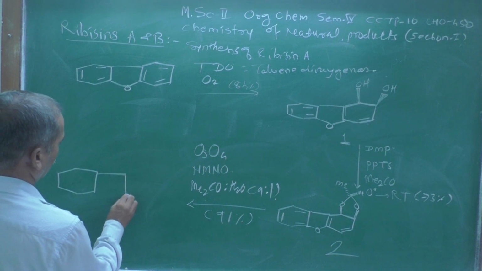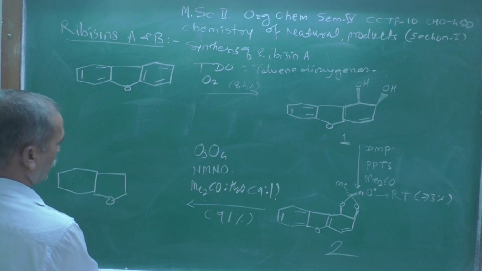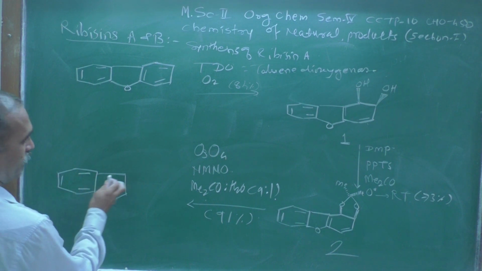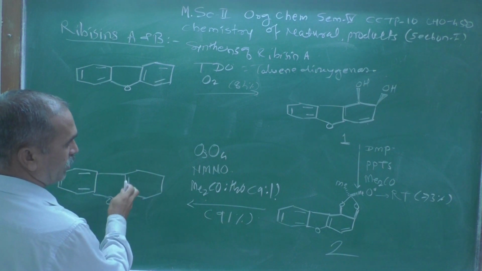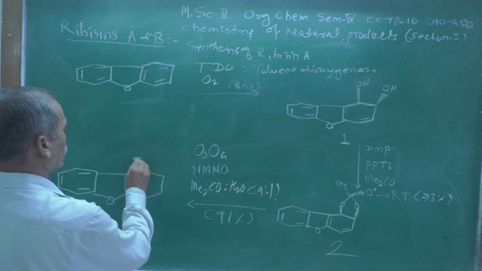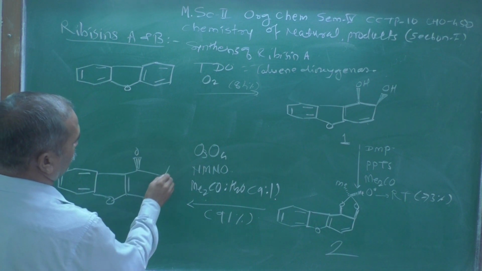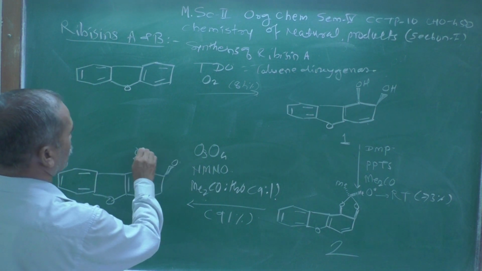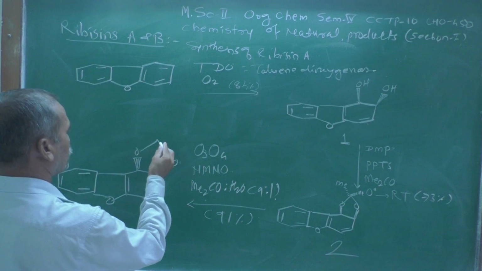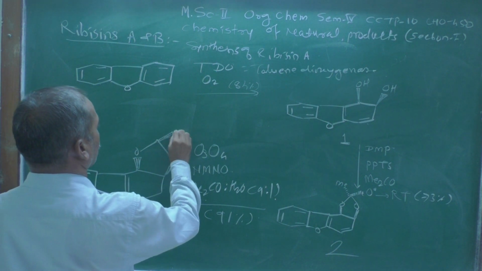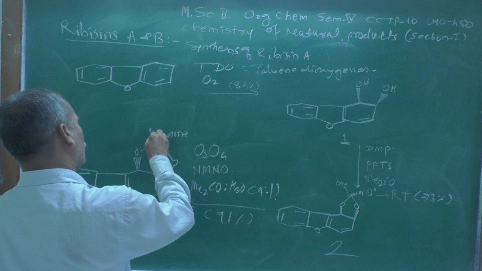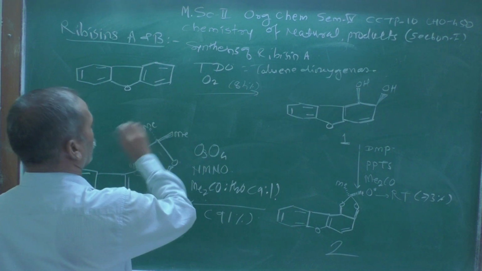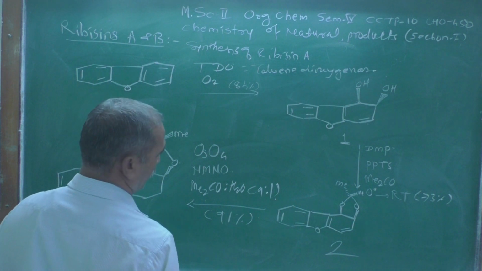This moiety remains as it is, and this also remains as it is. Here the O, here also an O, this group remains as it is throughout, and here is a methyl group, and one methyl group should be below the plane, one above the plane.